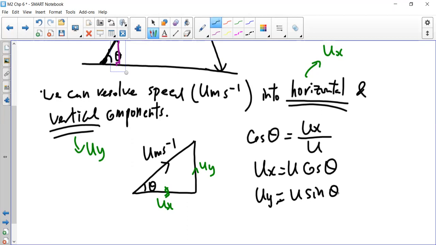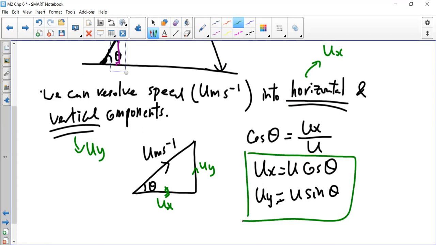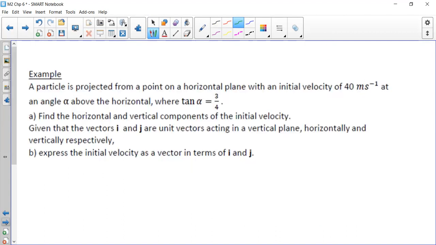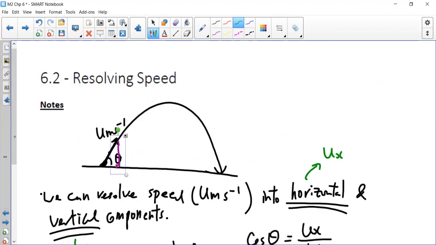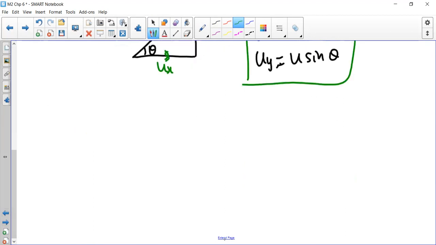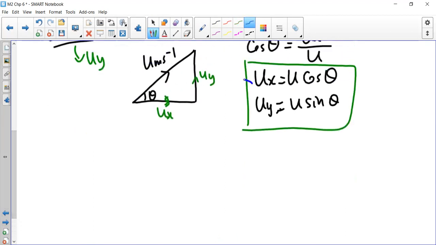Now we're going to put this in our double suvat later, but for today, we're just learning how to break them down. Essentially, that's the main thing about today's lesson. We can break a speed U into UX and UY, and UX will be U cos theta, and UY will be U sine theta. U is the speed, and UX and UY are the velocity.